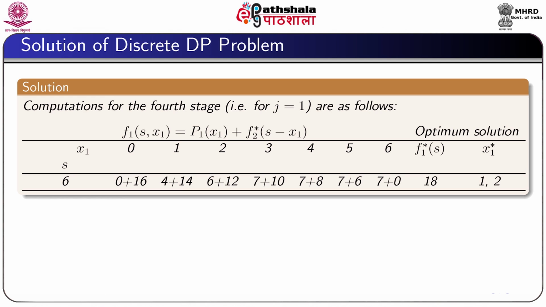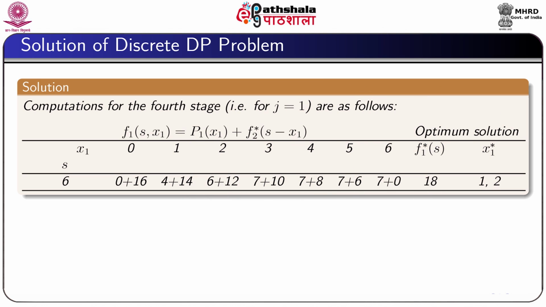So, from this table we see that the optimal value of the profit is 18, and this is obtained for values of x1 that can take the value 1 and 2.